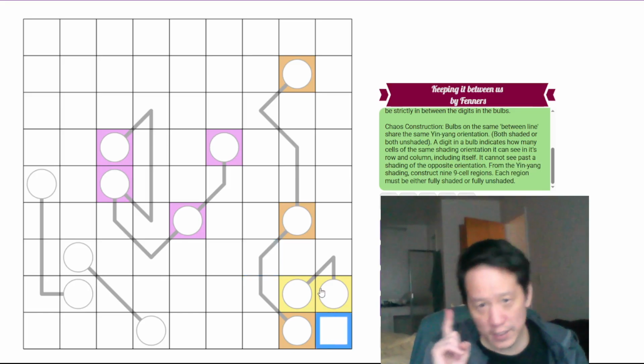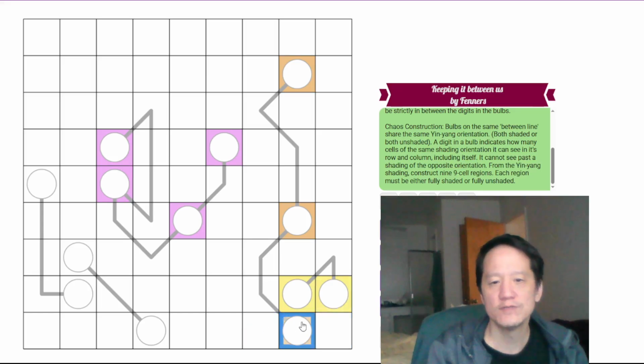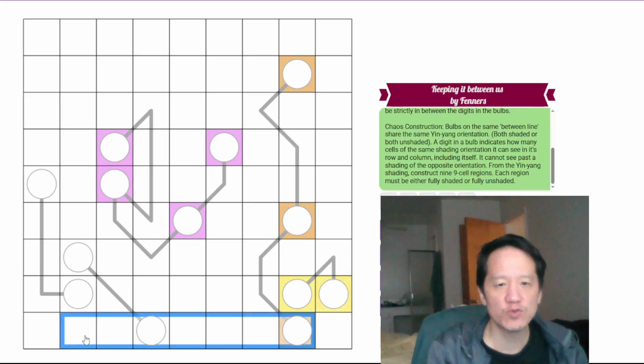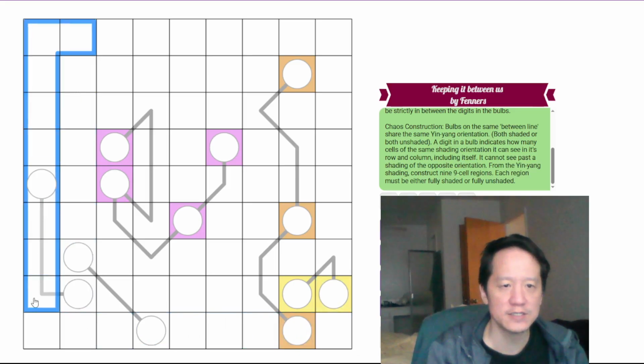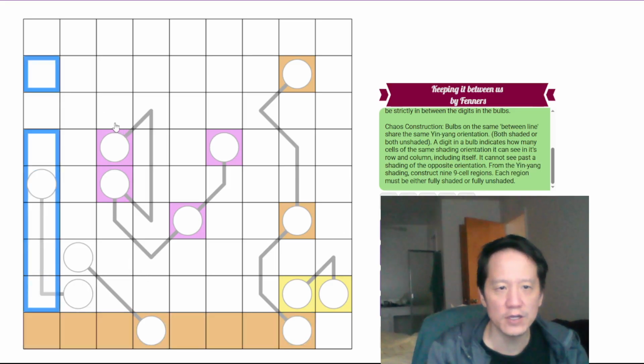Now, in yin-yang shading, we know once you've swapped from one color to another, it can never swap back. You can never have the other shading swap back on it. So say you had orange going this way, right? And then you tried to have a yellow going here. Say it swapped here.